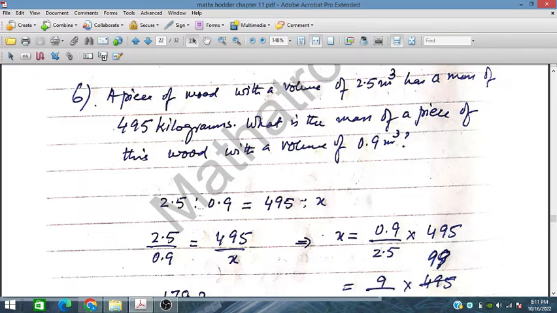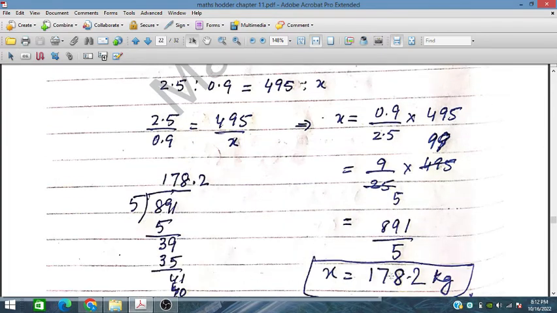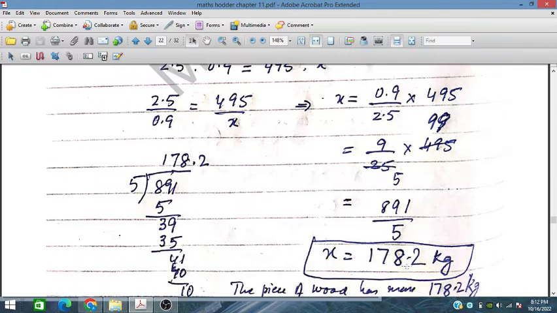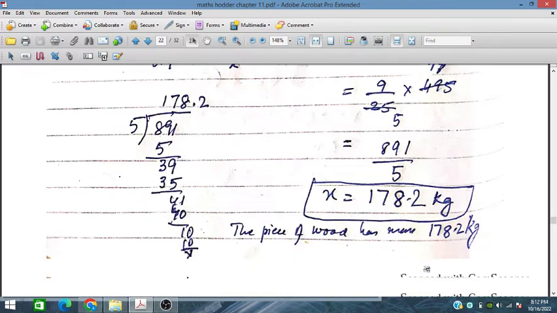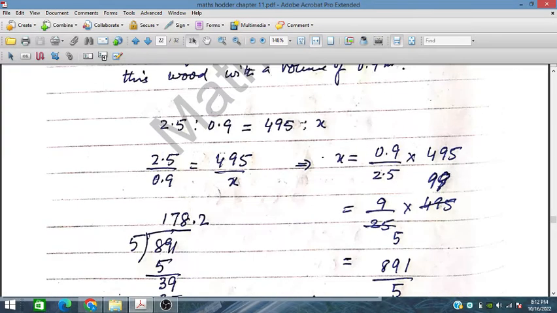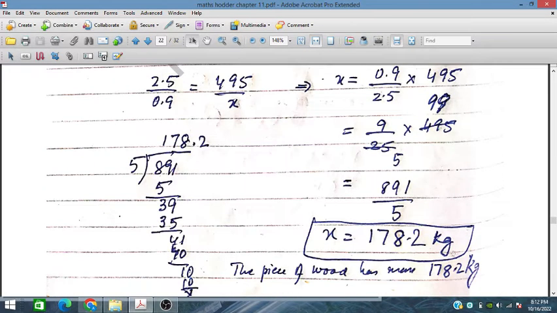So this x would be reduced because it is decreasing from 2.5 to 0.9, even less than half. So we are getting values around 178.2 kilograms. The piece of wood has mass 178.2 kilograms.